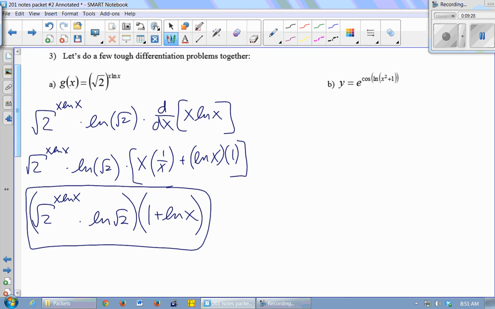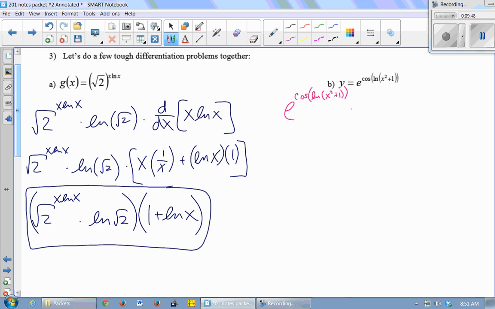E to the cosine of the ln of x squared plus 1. So that is e to a whole bunch of stuff, right? So what is the derivative of e to a whole bunch of stuff? E to the whole bunch of stuff, so I'm just going to copy this down, cosine of the ln of x squared plus 1.